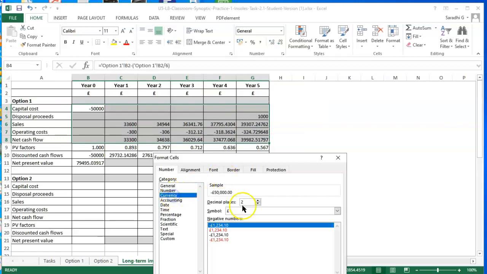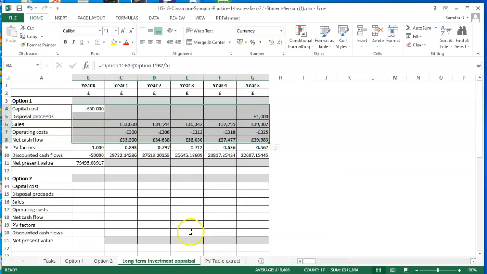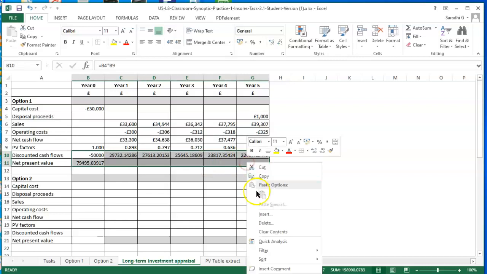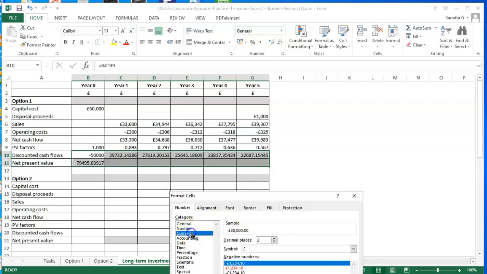So currency, 0 decimal places. I did not read the question, so if you want you can use a pound sign. If you don't want, you can remove the pound sign. Do the same for these values also. I did it twice because I don't want to change the PV factors into currency and remove the decimal places.